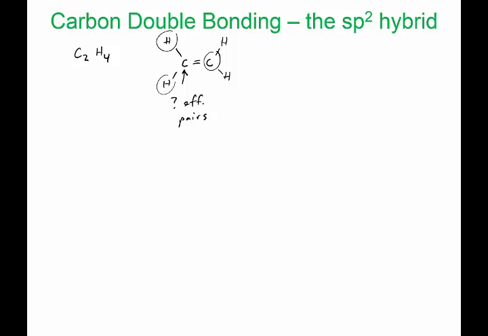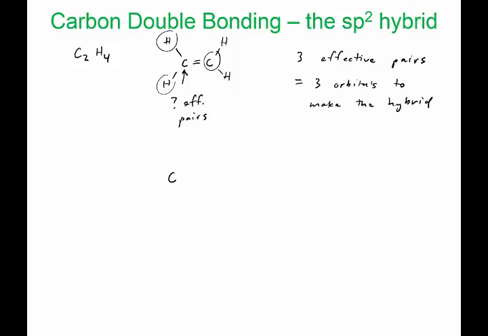So what this means is if there's three effective pairs, it requires three orbitals to make the hybrid. It's going to end up looking like this.